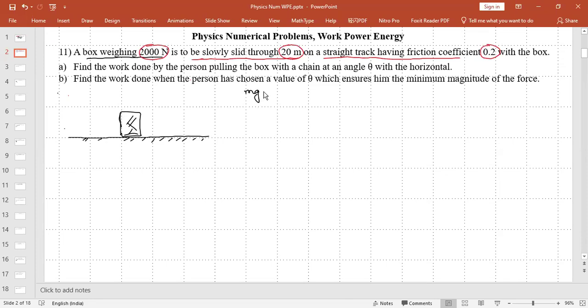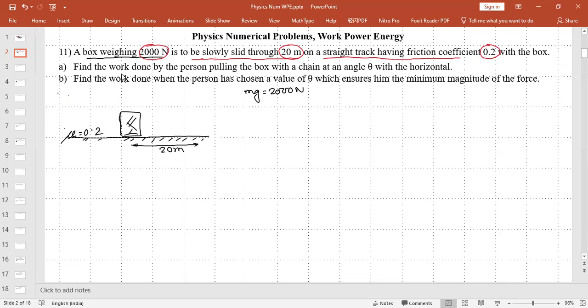So mg is equal to 2000 Newton. Do not consider it m; this is mg since the unit is given in Newton. It has to be pulled through a distance of, say, 20 meters, on a surface having friction 0.2. So on this surface, mu equal to 0.2.